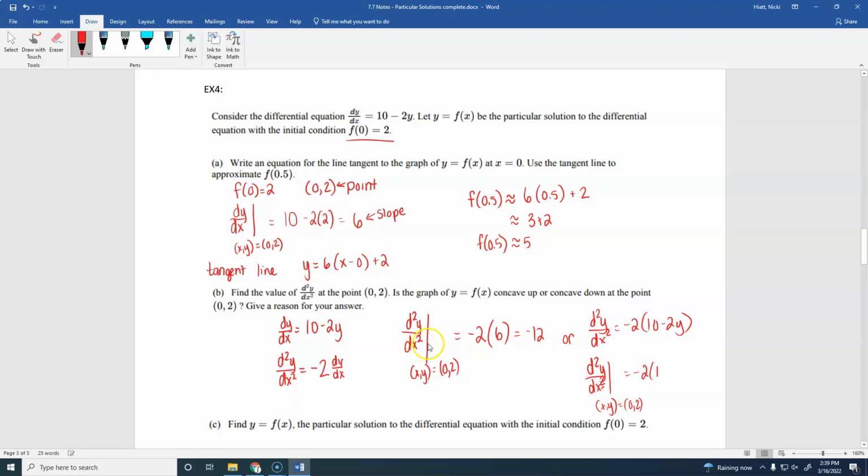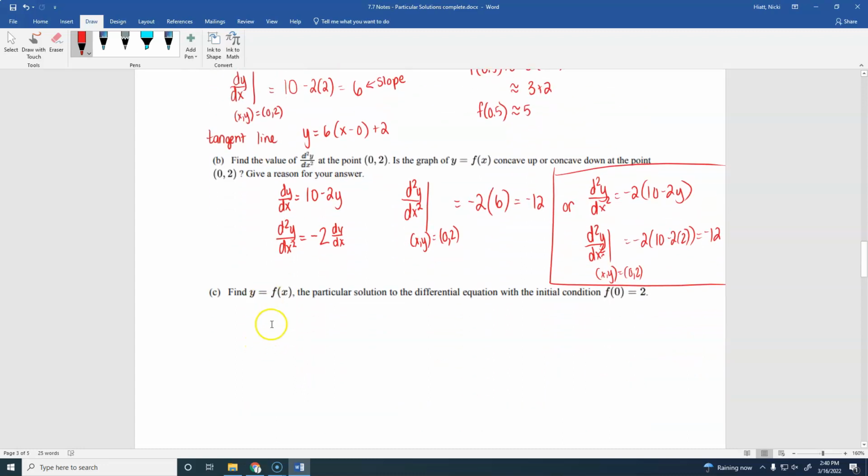You'll have negative 2 times (10 minus 2 times 2). Also going to give you negative 12. I would prefer that you do the first way. So this is like an extra alternate solution. You don't have to do that. If you have the first, you would stop. But sometimes you may not realize that you actually already know this value from part A. So if that doesn't stick out to you, then here's an alternate way that you could solve that. You wouldn't have to have both of those.